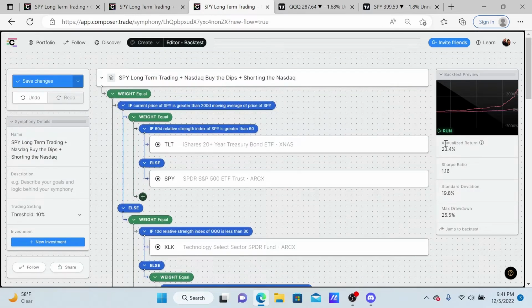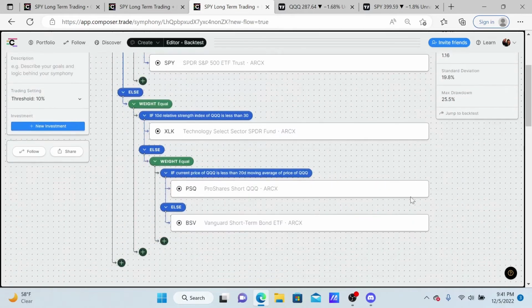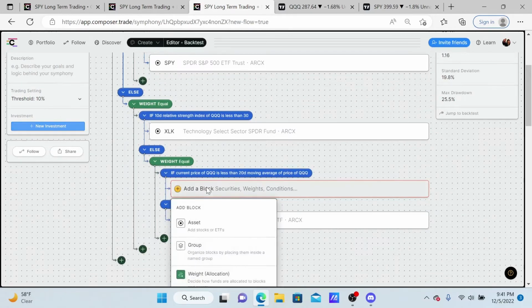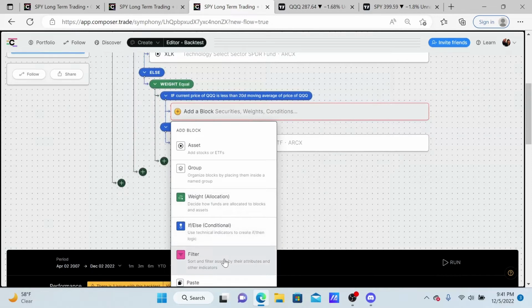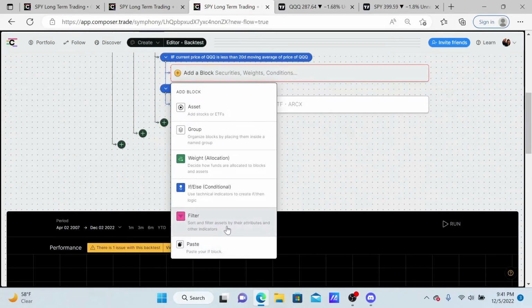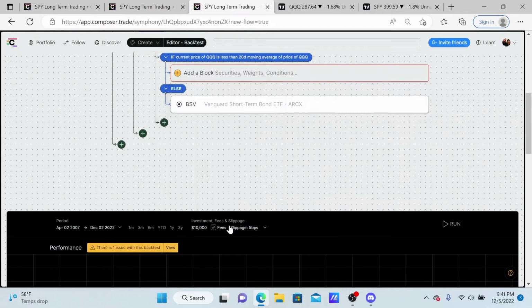All right, so the annual return increases to 23.4%, but the max drawdown also increases from 17.5 to about 25.5. So what I like to do is actually delete this and do a filter function here. The filter says sort and filter assets by their attributes and other indicators.